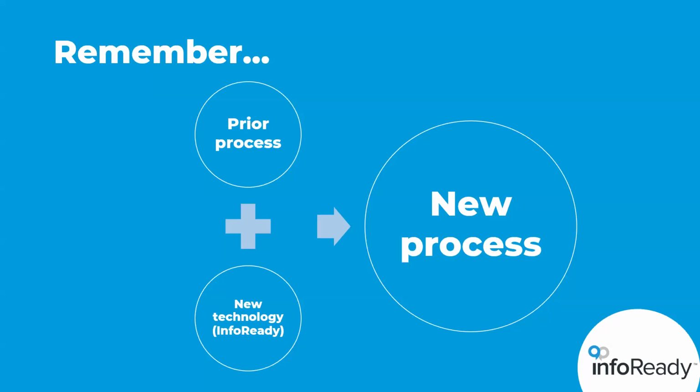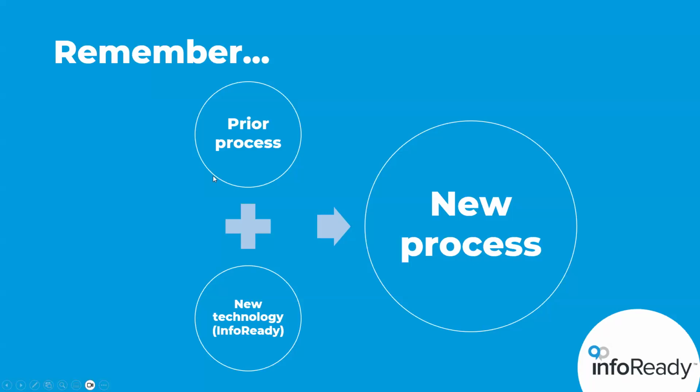I'm sure some of you have seen or heard of this. If you've talked with any folks at InfoReady, we use this brief little diagram a lot. A lot of times when folks start using InfoReady, which is generally a new technology, it has to be integrated with your prior process in some way.